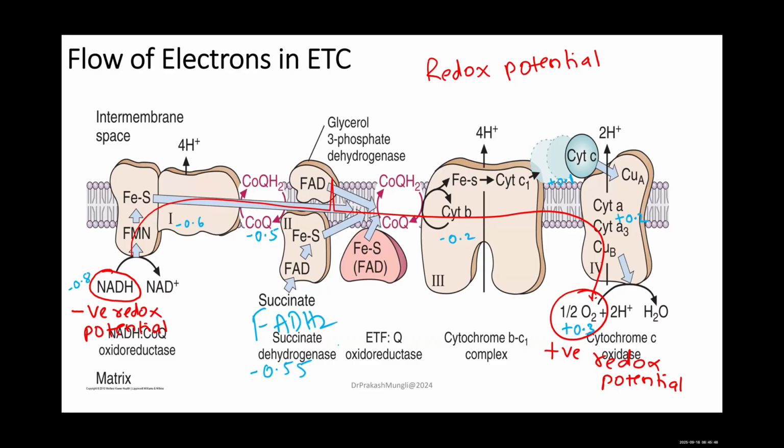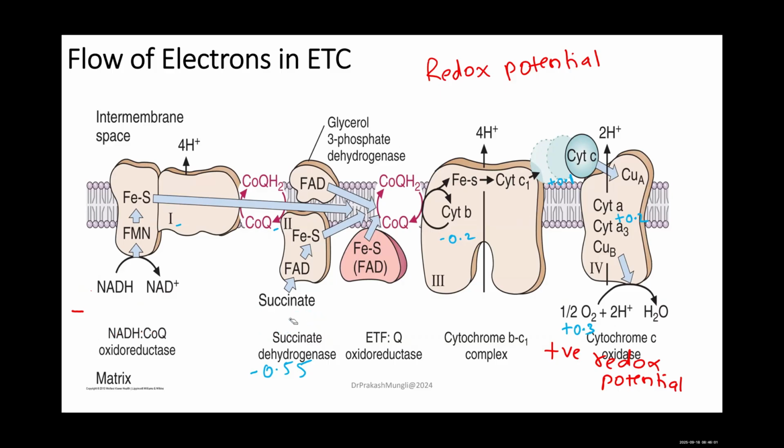That is the point. Is it clear? Okay. So with this understanding, now let's move on to see what happens to NADH and what happens to FADH, how exactly they flow all the way to the oxygen atom.